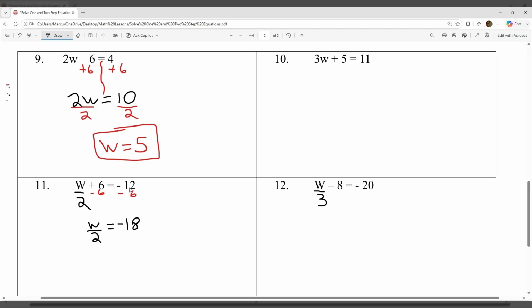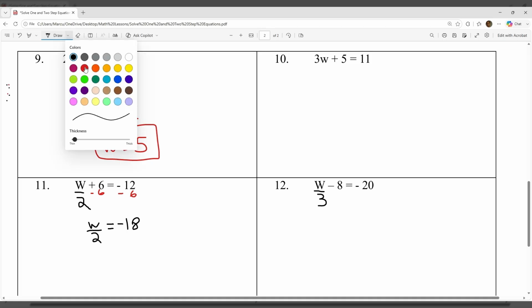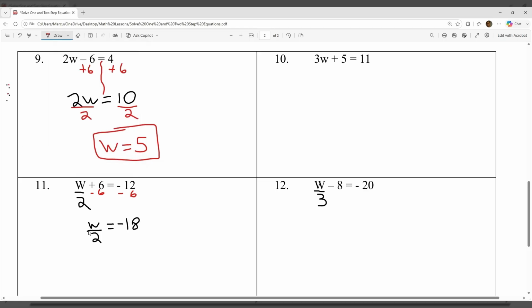So you add the numbers and you keep the sign here. So next step, notice that's division. So instead, we're going to multiply. And you multiply both sides by 2, like this. The 2's cancel. And you're left with W is equal to negative 36.